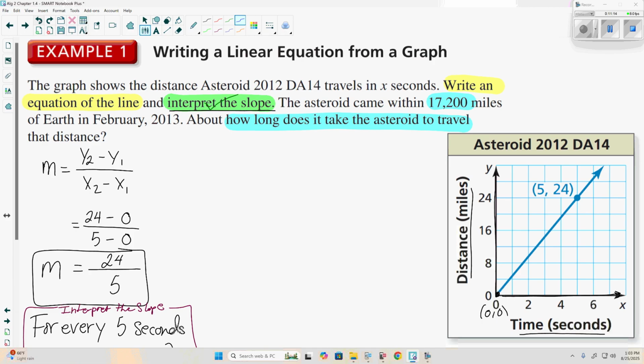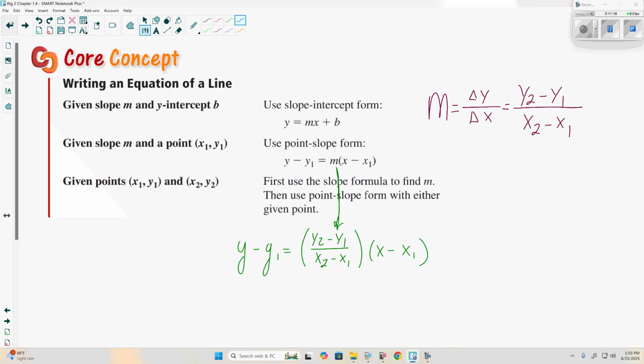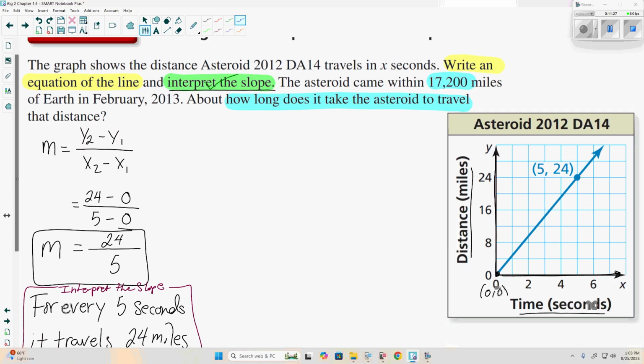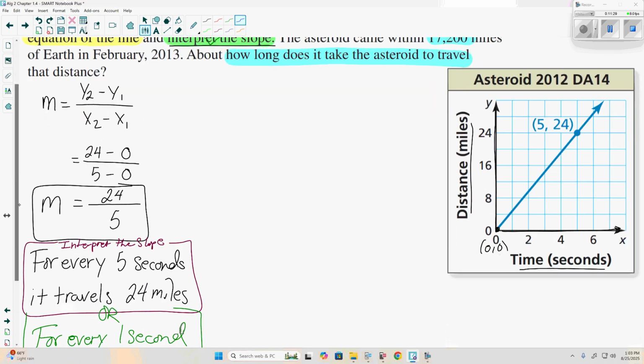Because when we cross the y-axis, the y-intercept, this here is going to be the point 0, comma, b. Do we have that point on this graph? Well, yes, 0, 0, which tells me slope-intercept form is going to work nicely because we know that the slope is 24/5.